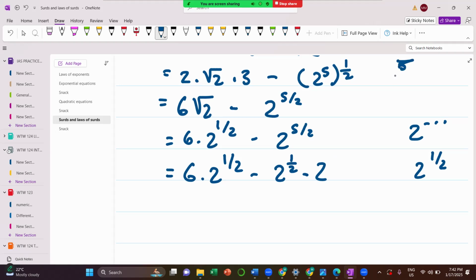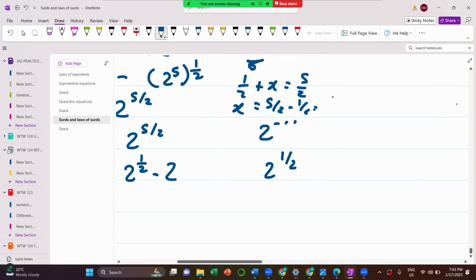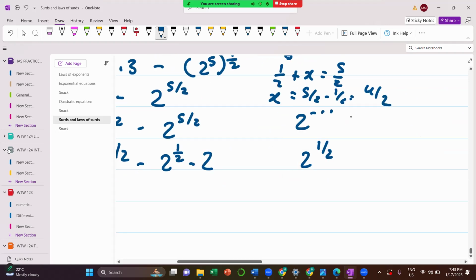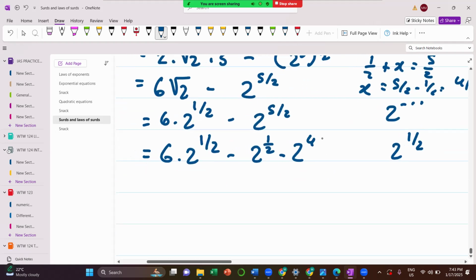Whatever that number is, it's just going to be 5 over 2 minus 1 over 2, which is 4 over 2. So here is just the exponent of 4 over 2, because if I add 1 over 2 and 4 over 2, I get 5 over 2.